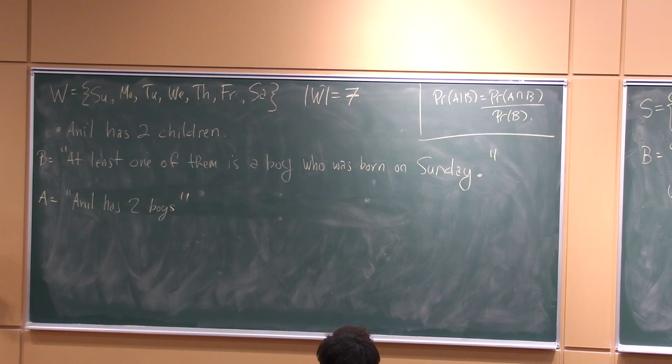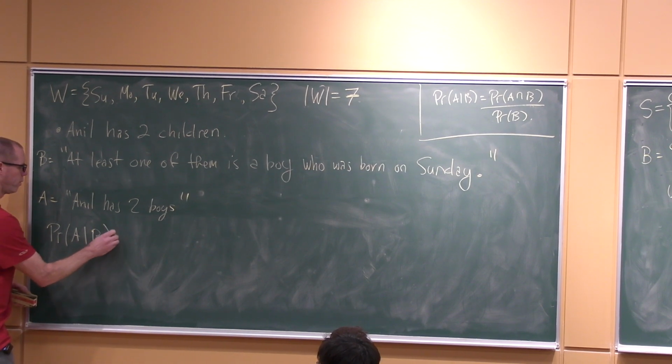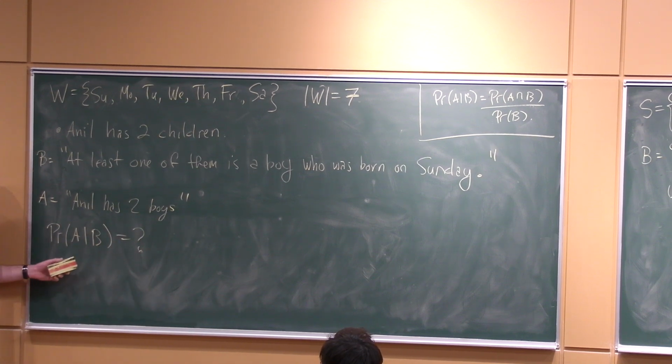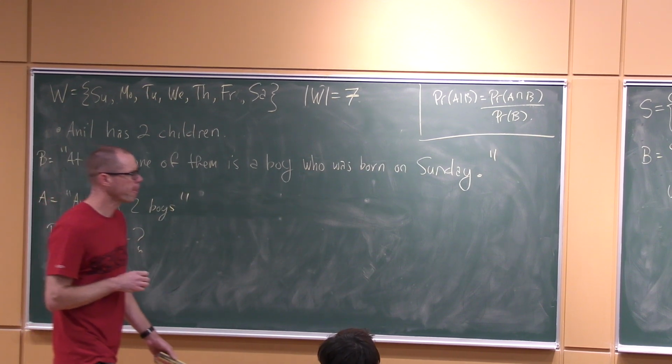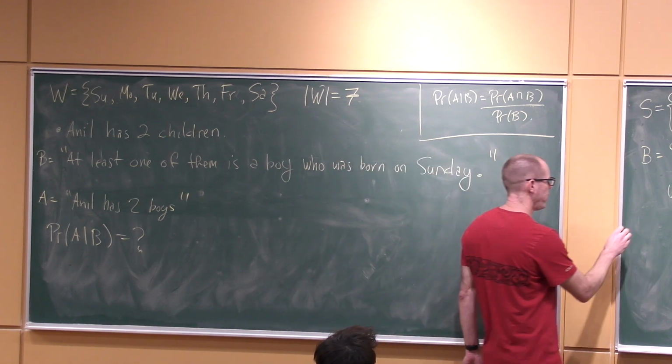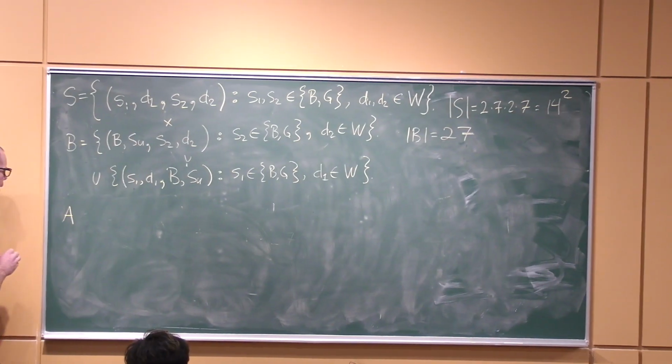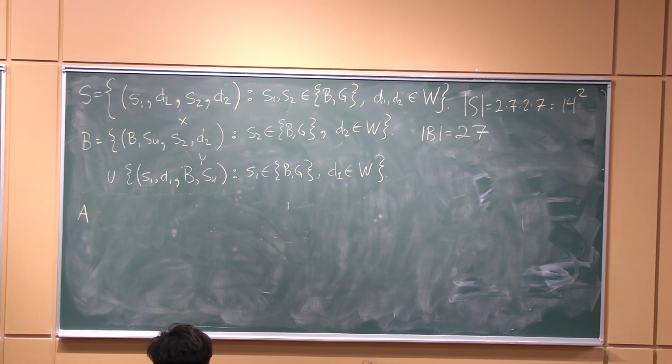And that way, the question I'm really interested in is: what is the probability of A given B? All right, so A is, Anil has 2 boys.